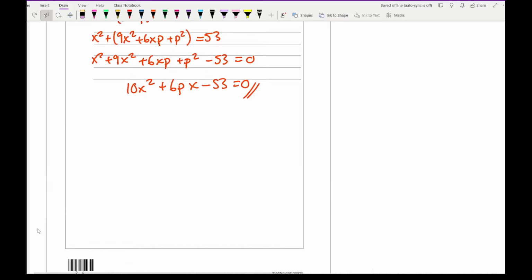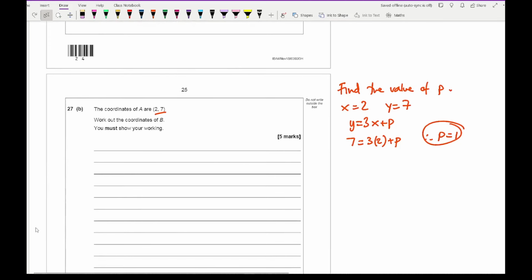So then, if I go back to the original equation, I've got 10x² + 6xp + p² - 53 equals 0. If p equals 1, what do I get? Well, I get 10x² + 6x - 52 = 0. Now what I want to do is solve this quadratic.